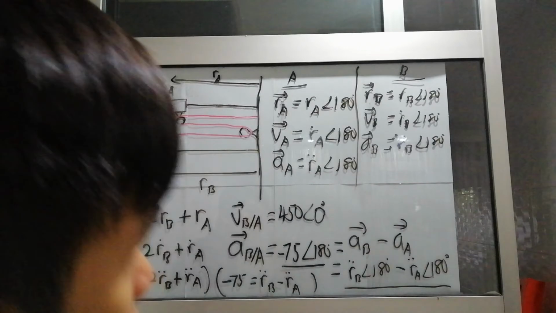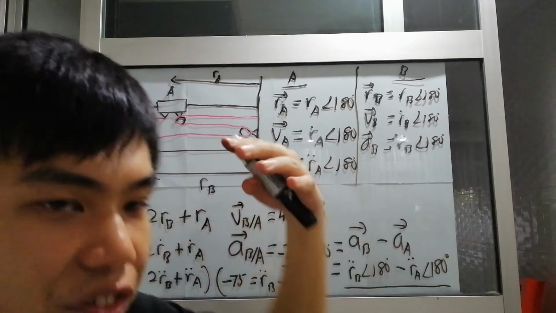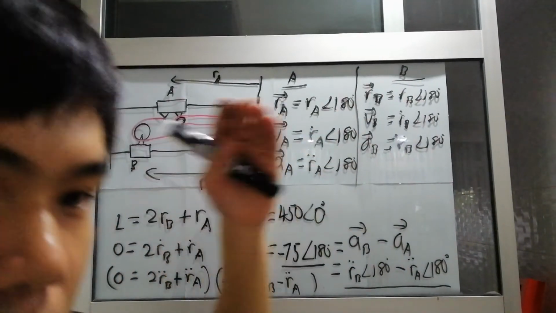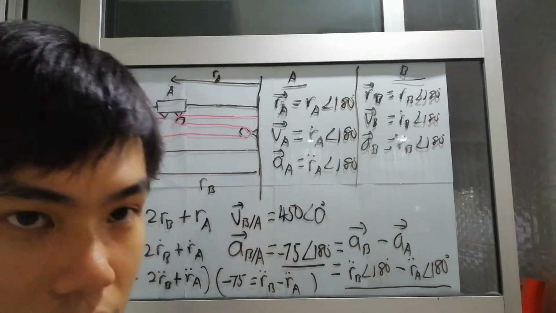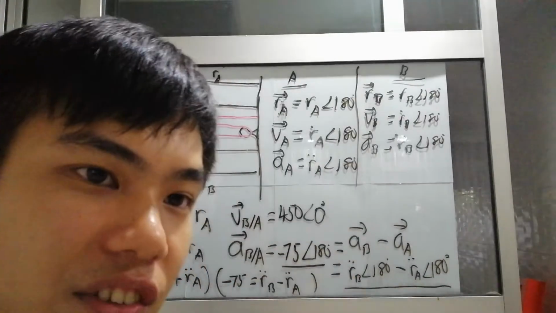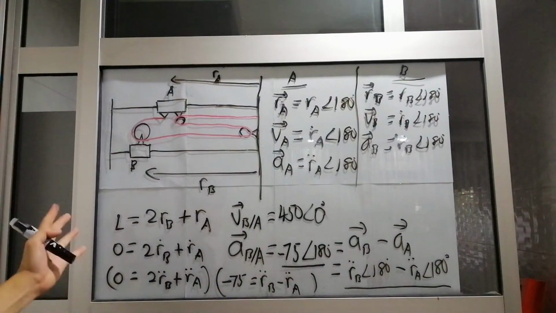Why is it so? Because we find VB, VA, AB, AA all by directly differentiating from the previous term. If you differentiate directly from the previous term, you keep the angle, but you change the magnitude. This is literally what you do when you implement it with the constraint equation.